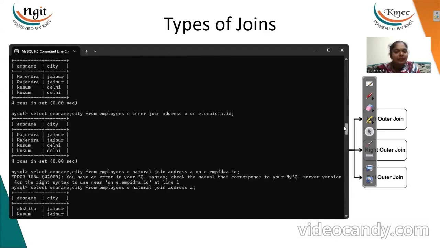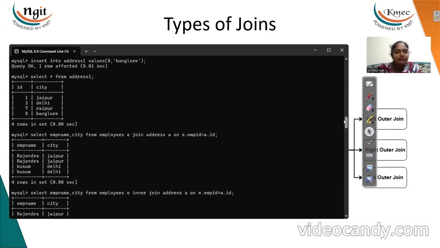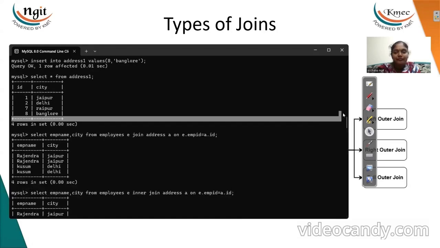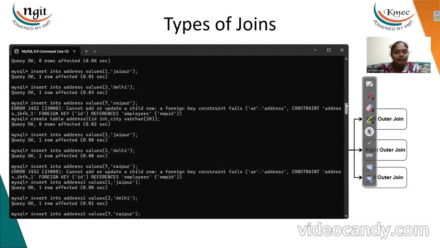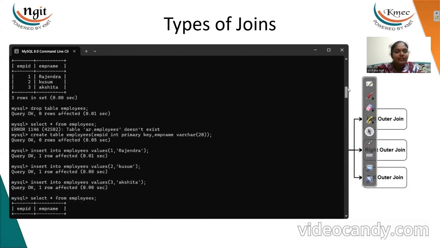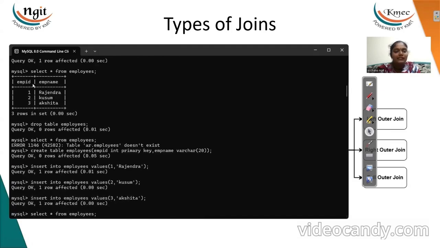This is the employee table. We have created an employees table with two columns, employee ID and employee name, which contains only three records: employee ID 1 with Rajendra, 2 with Kusum and 3 with Akshita.